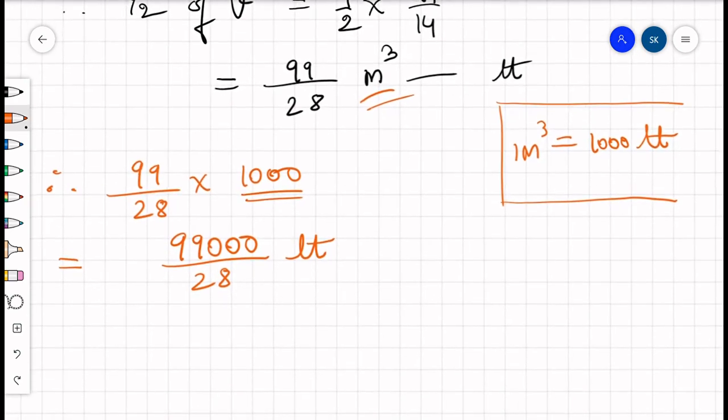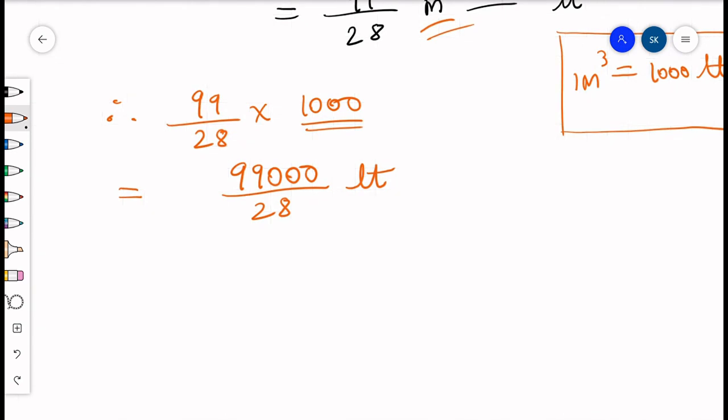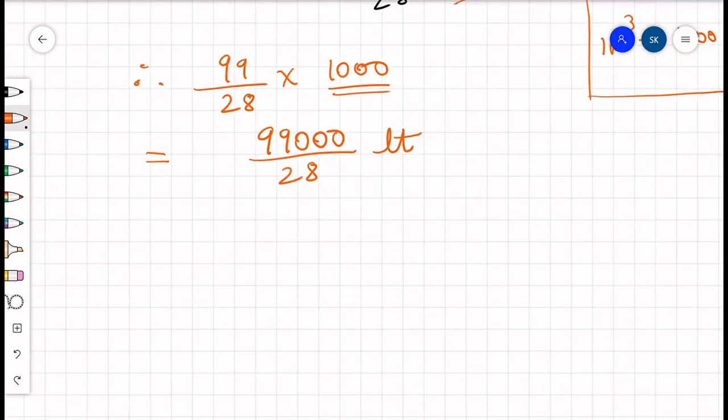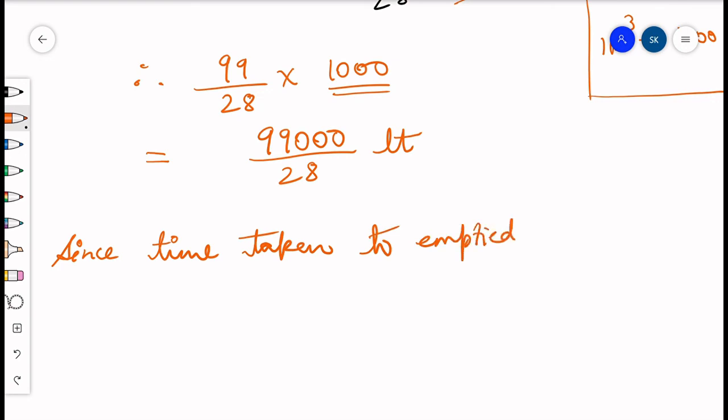Okay, so this much water is out of the hemisphere. Now, how much time is taken to get this much water out of the tank? Since time taken to empty 25 by 7 liter is 1 second, it is there in the question.